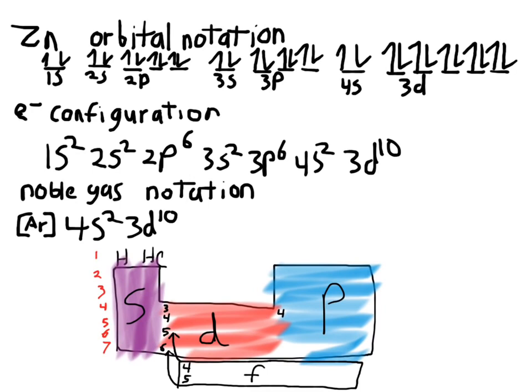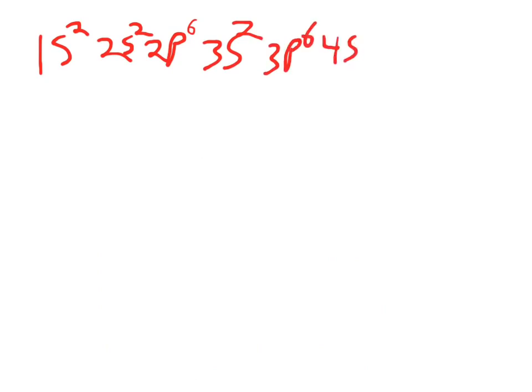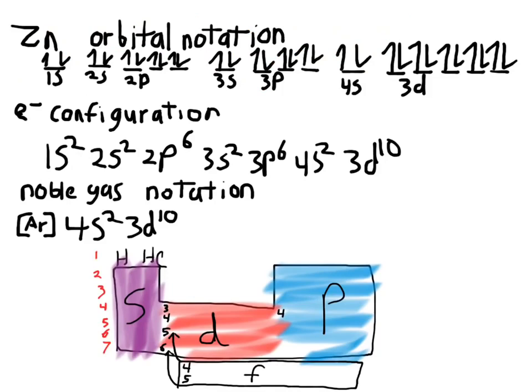Okay, let's do one more example that's reverse. So 1s2, 2s2, 2p6, 3s2, 3p6, 4s2, 3d8. Which element would that be? So 2 ways to do it. You can look on your periodic table and know that the 3d's are this first row, so you go and you find it right there.